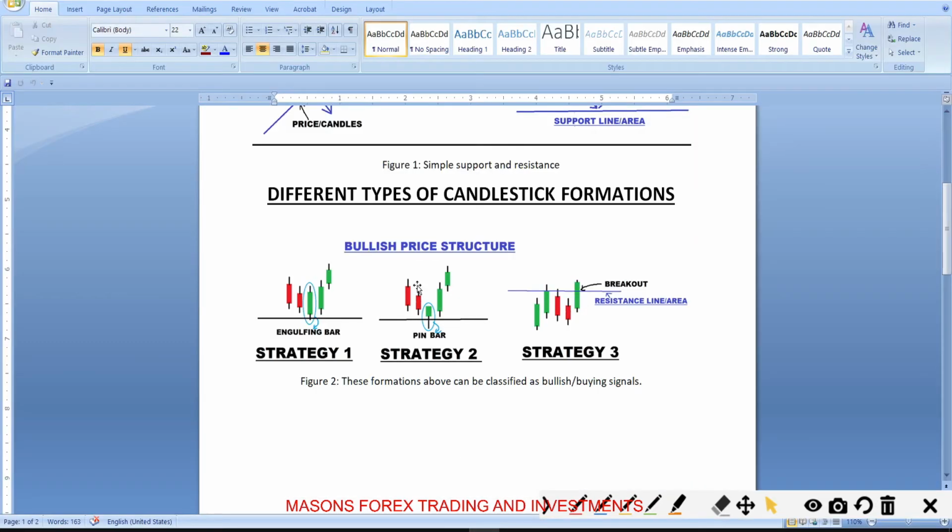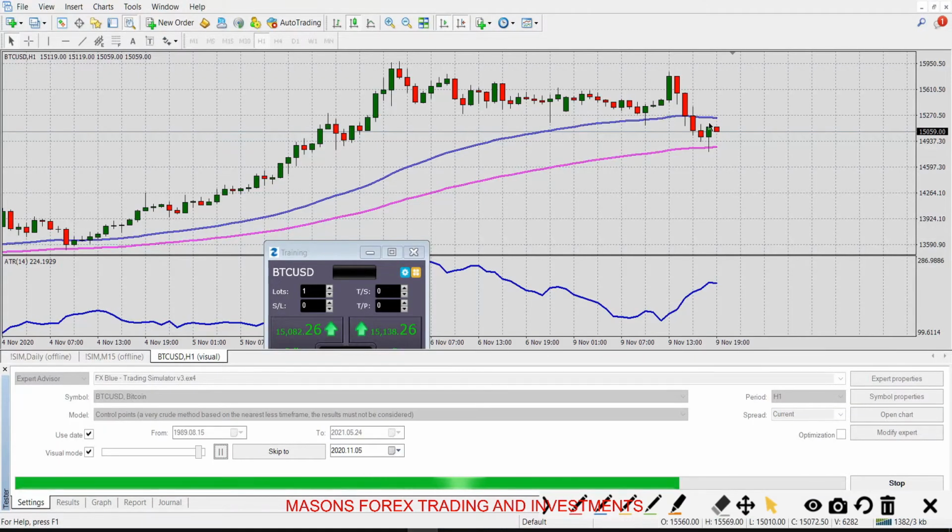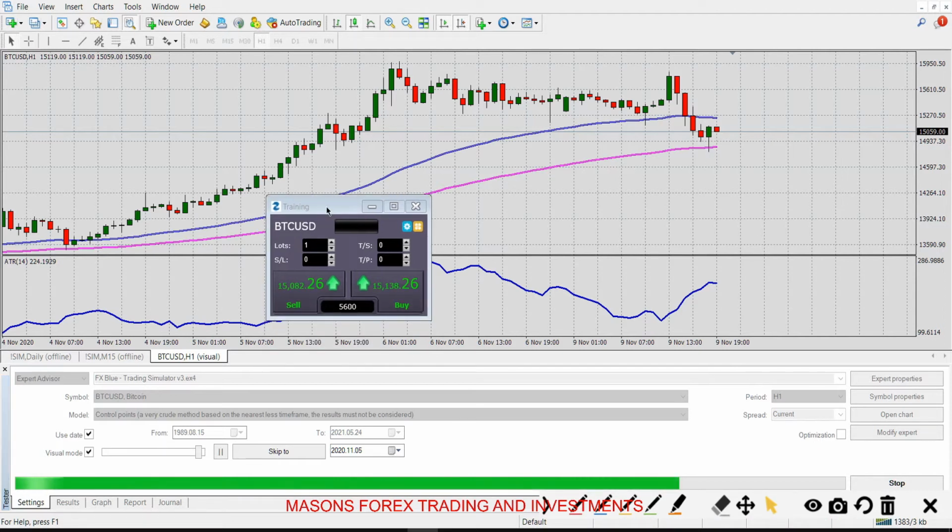Go back to our structure. If you look at it, it's a type of engulfing bar, but it's actually a pin bar. So what that means is this pin bar engulfs the previous bar. So I will use this as an entry signal.